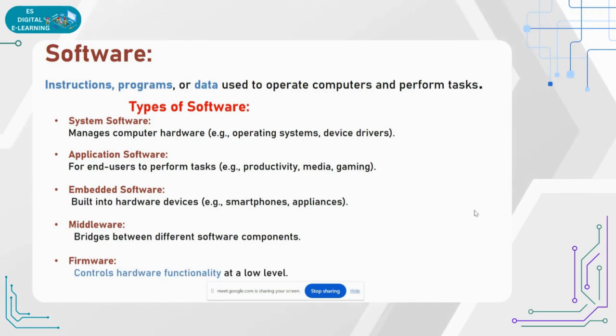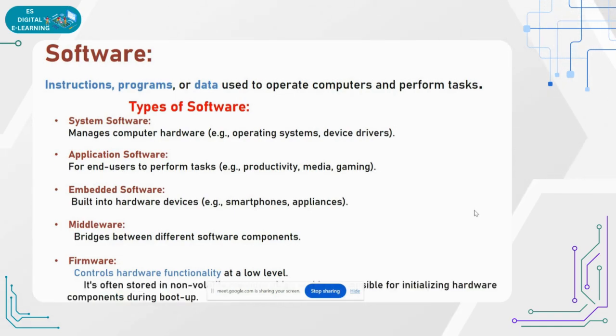Firmware is specifically at the boot level, from where it controls the hardware functionality at a low level. Okay, so just to give you info on software: system software, application software, embedded software, middleware, and firmware. There are different levels and types.